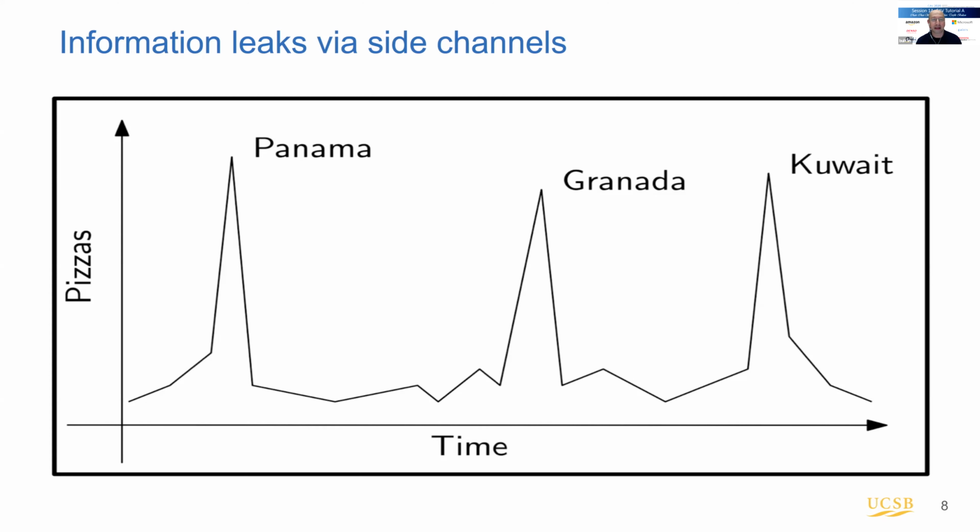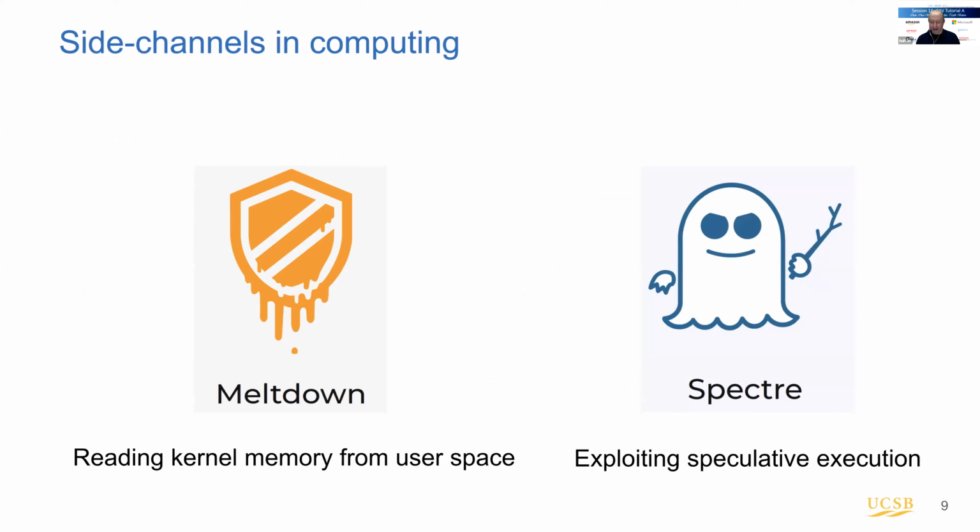And this is the kind of thing we are going to talk about, not in government actions, but in computing. And side channels in computing are also well known. You probably heard about the Meltdown and Spectre recent exploits, and these got a lot of publicity. I'm not going to talk about these today, although the concepts I'm going to talk about are applicable.